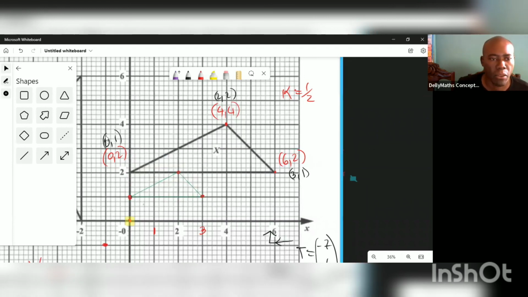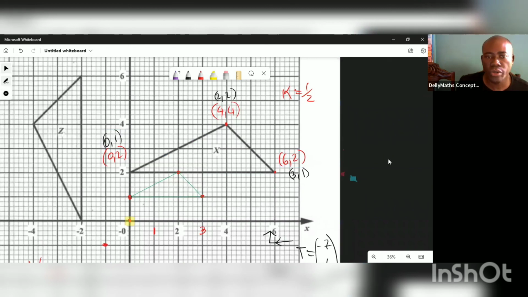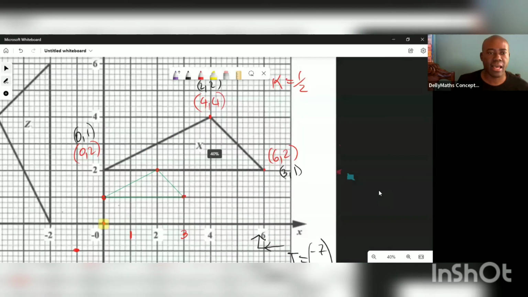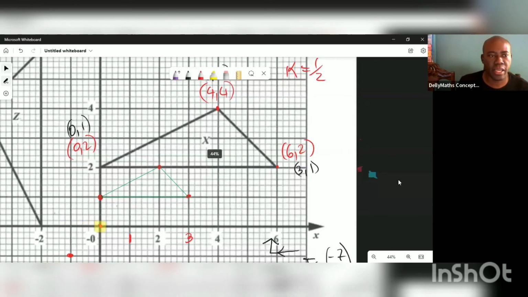There it is. So you could see that everything is half, and that is what we're saying: when you have a scale factor of a half, and really any scale factor, the moment the center of the enlargement is 0, 0, you can manipulate the coordinates, and that's what we did here, taking a half of the object coordinates, and it produces the image.